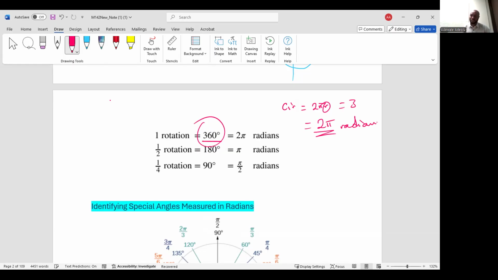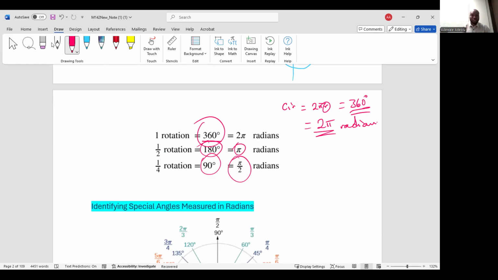So instead of 360 degrees, we can also call it 2 pi radians. So half of a rotation would be half of 2 pi, which is pi, or half of 360, which is 180. 1/4 of that, 90 degrees, is pi over 2.